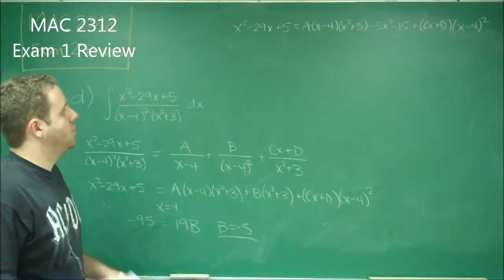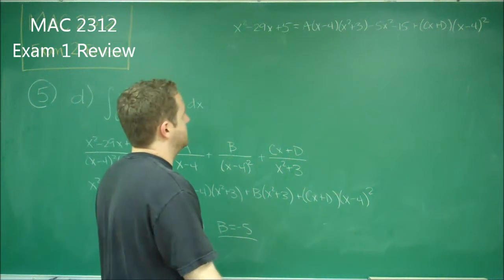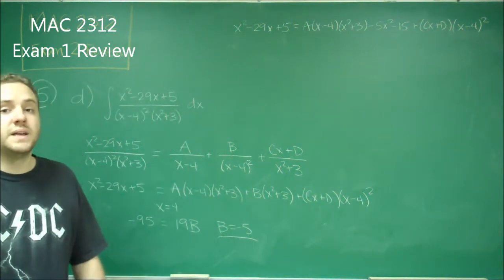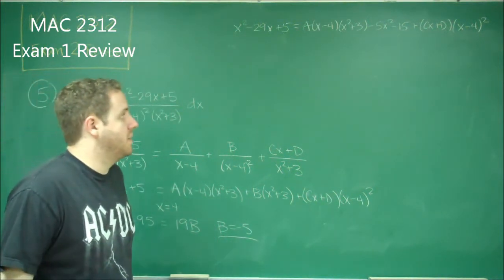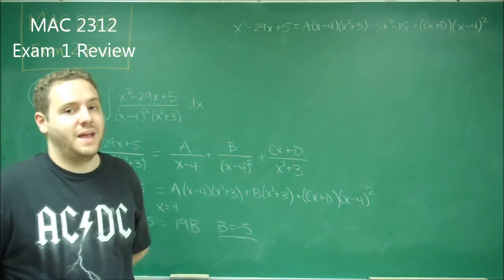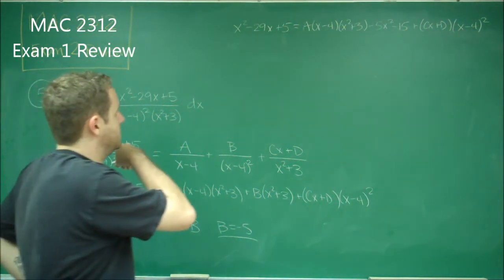Alright, so now we're not going to be able to do anything else in terms of getting terms to cancel out. So we're going to have to do the grouping method, and in this case we're going to have to just expand everything.